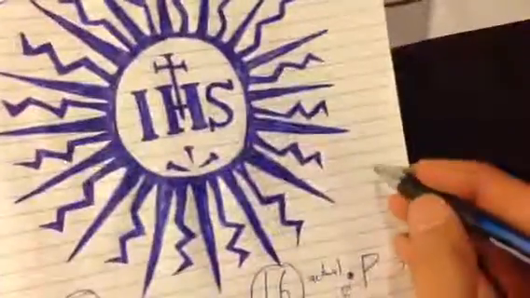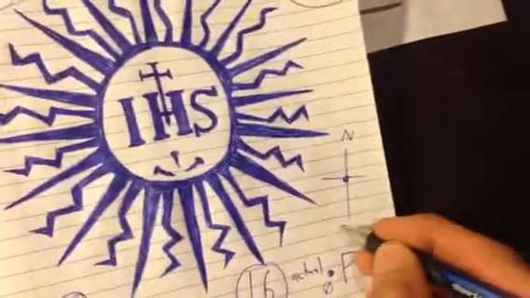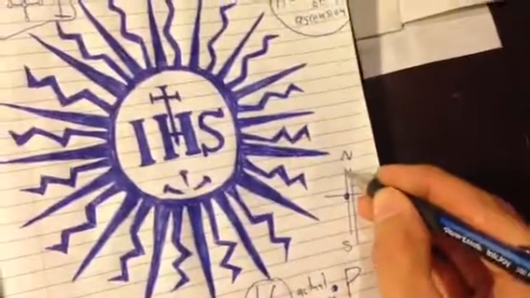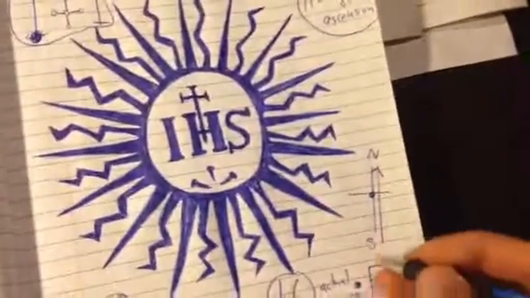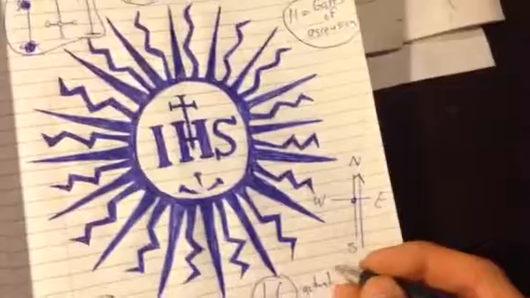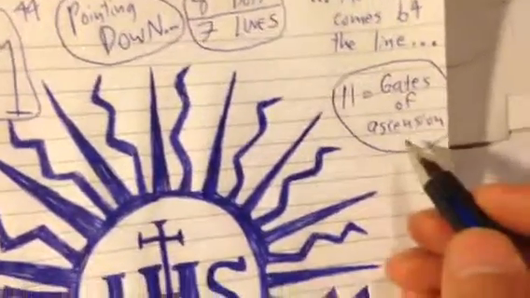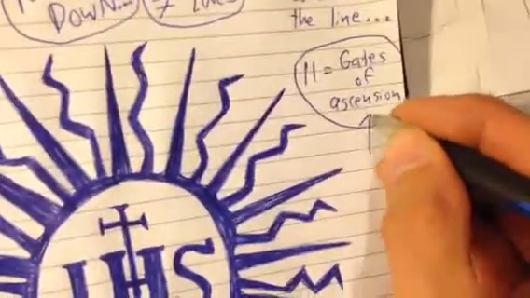It's not ascending, like the Son of God did. Son of God is ascending through the woes. Eleven are the gates of Ascension. Ascension means up, guys. It means up.